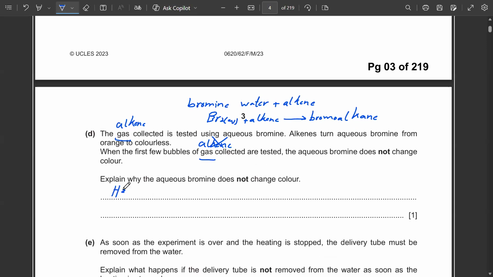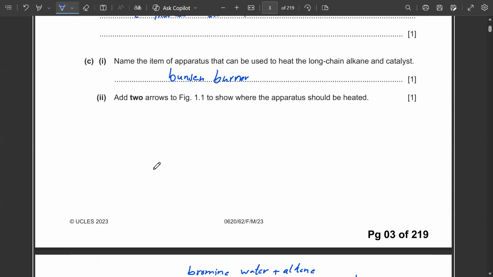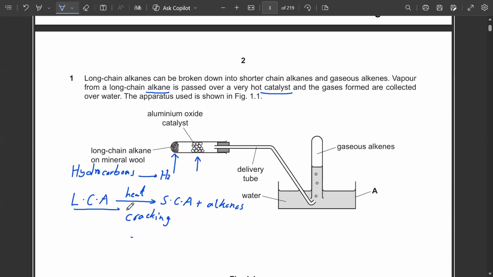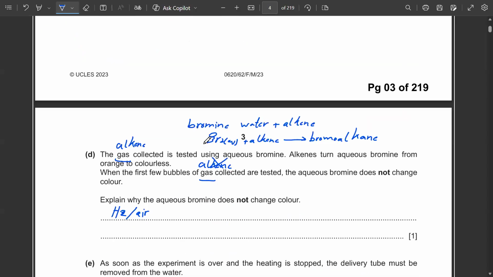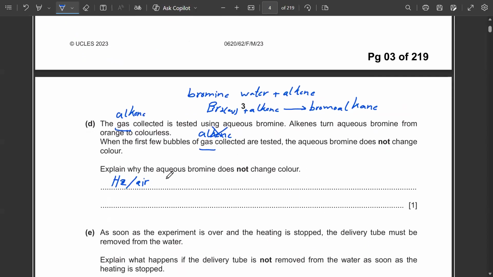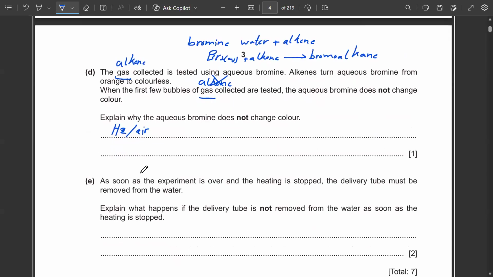Or we can also say it is air. It could be air, because if you are not getting hydrogen gas, then at least the air entrapped inside the test tube is coming out into the delivery tube. So this is also not giving you the positive test with the bromine water. I hope it's clear to everyone.